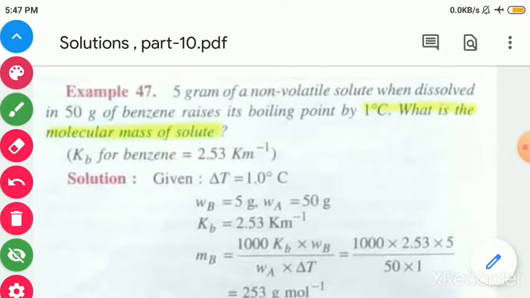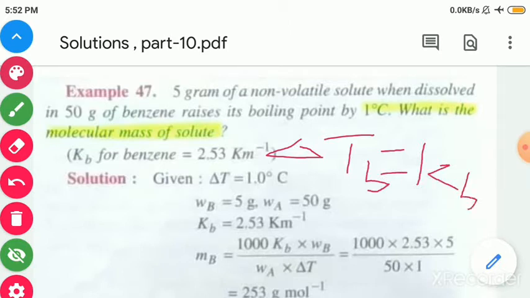So as we know, elevation in boiling point delta TB is equal to KB into molality. We may also write delta T is equal to Kb into molality. Molality we represent with small m.